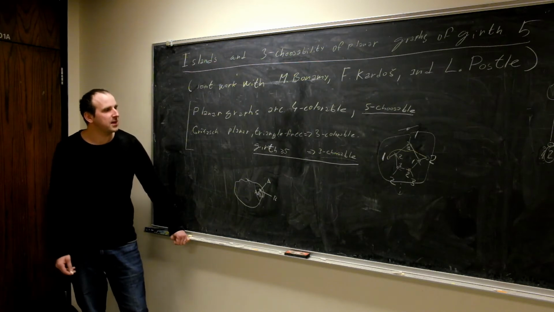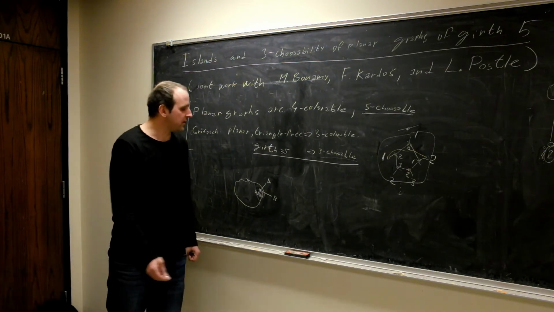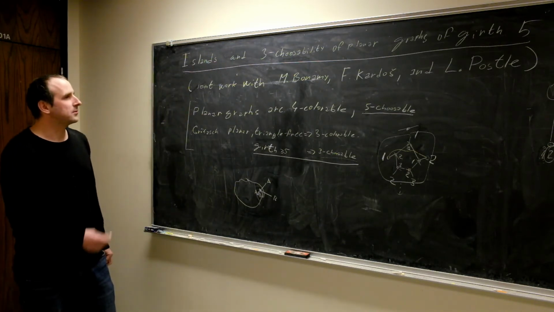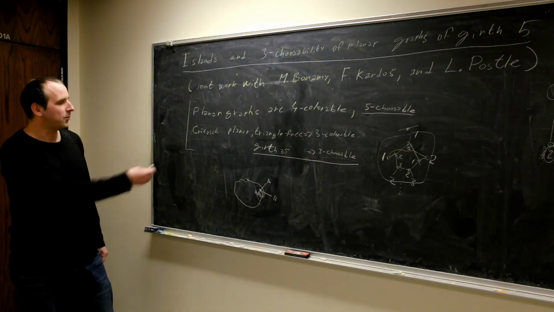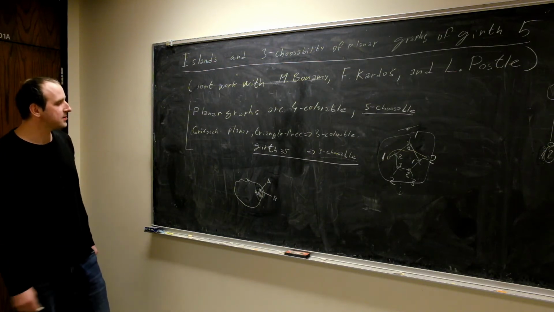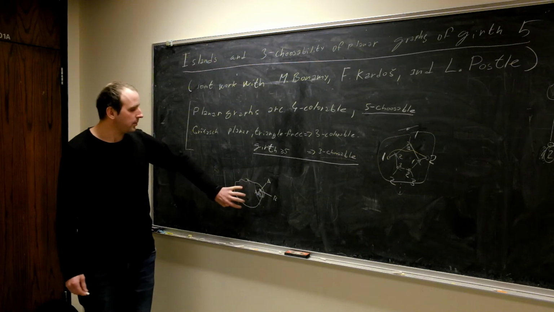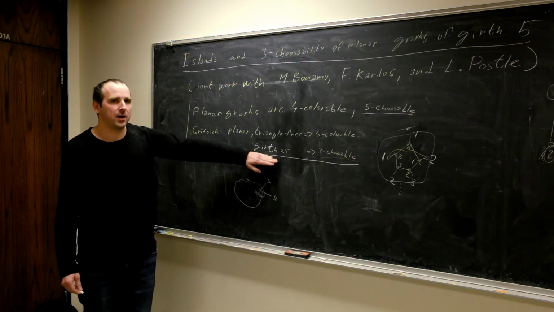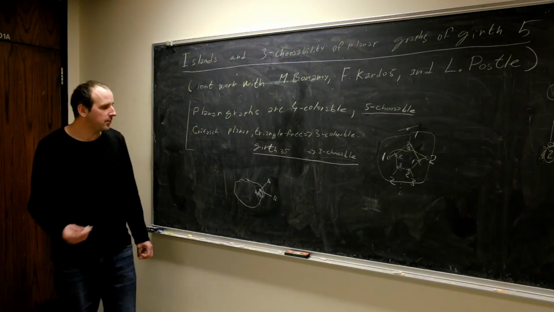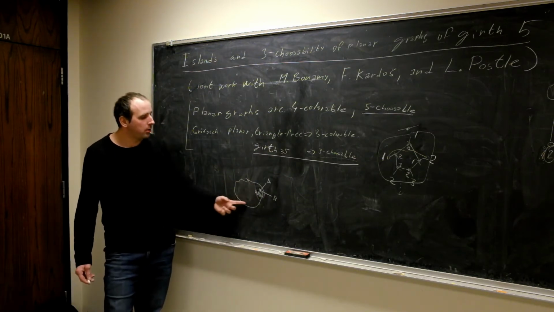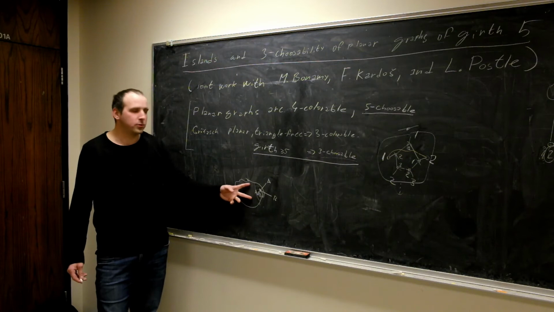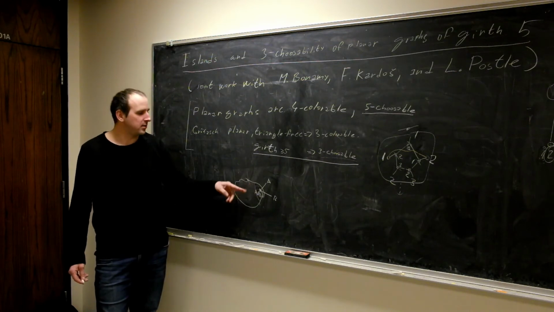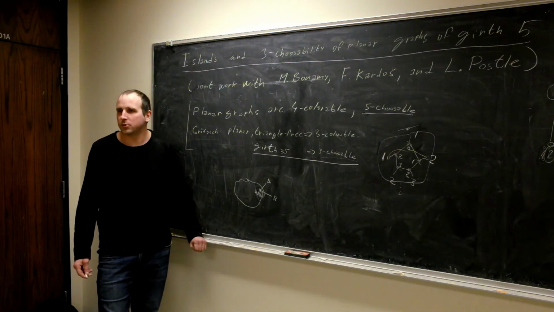So the first natural question to consider, motivated by this, is whether in each planar graph of girth at least 5, you must be able to find a small induced subgraph such that each vertex of this subgraph has at most one neighbor outside.